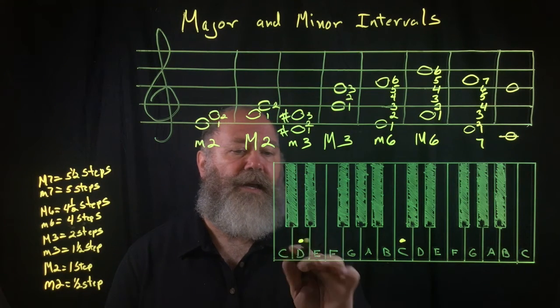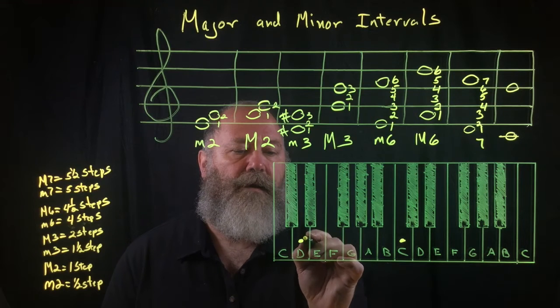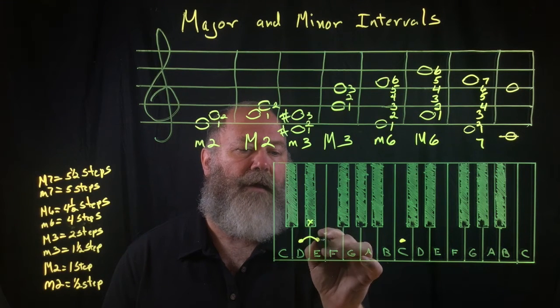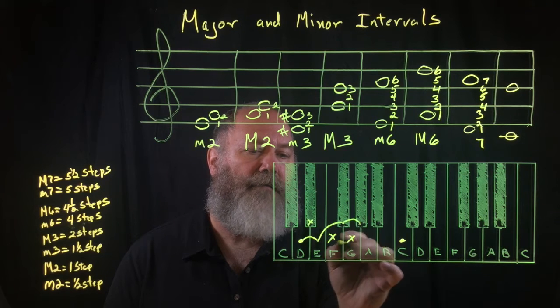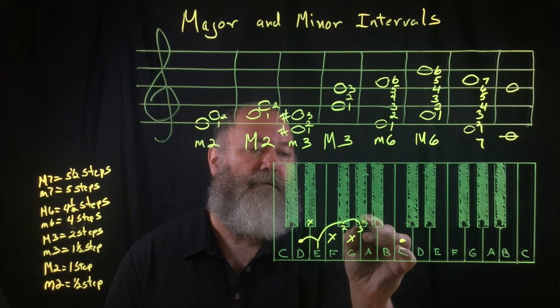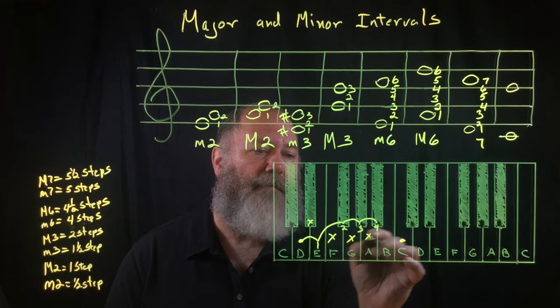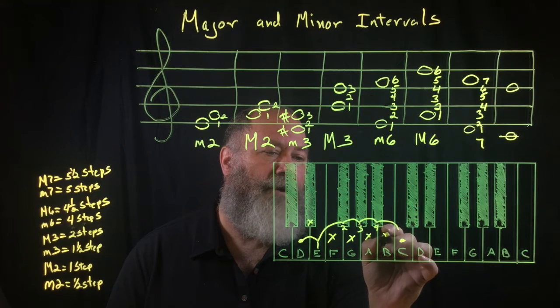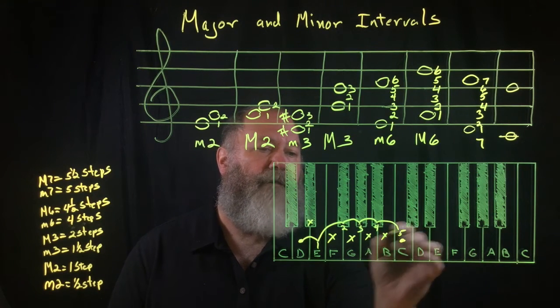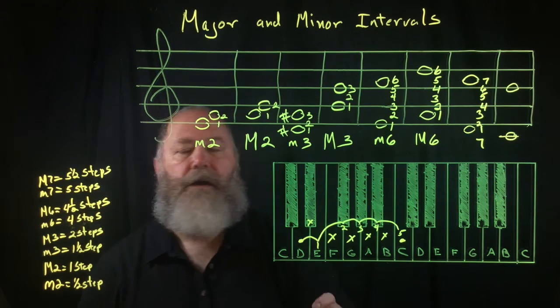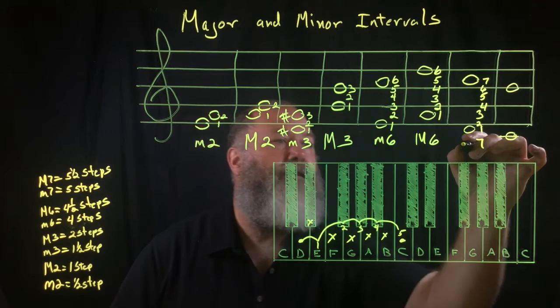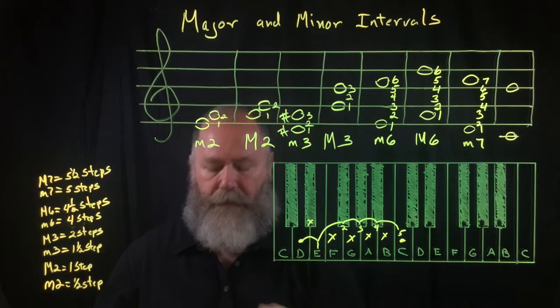From D to C, let's count the steps. A whole step because we skipped that, a whole step because we skipped that, a whole step because we skipped that. So that's 1, 2, 3 so far. A whole step because we skipped that, and a whole step because we skipped that. So it's 5 steps. 5 steps is a minor seventh, so lowercase m.